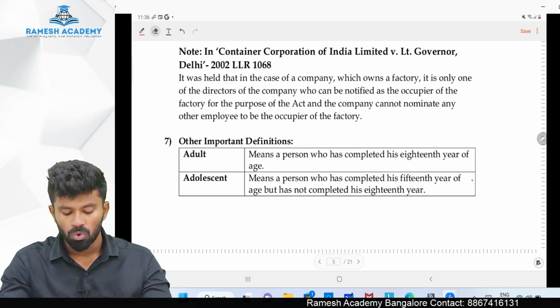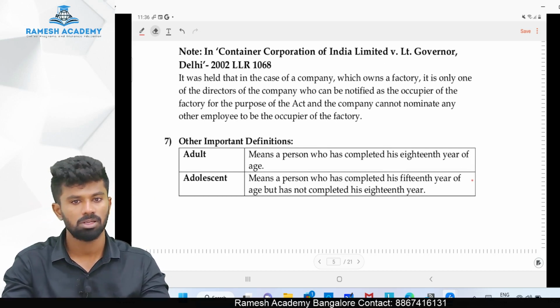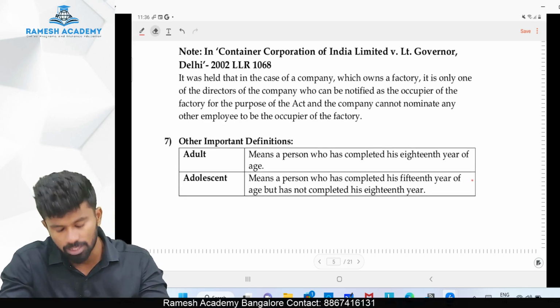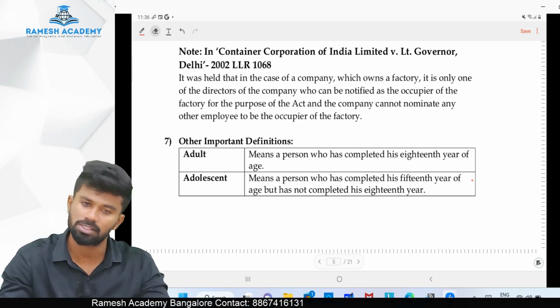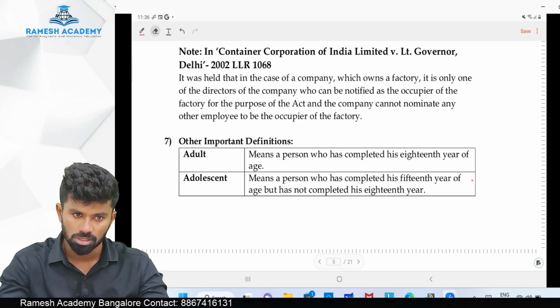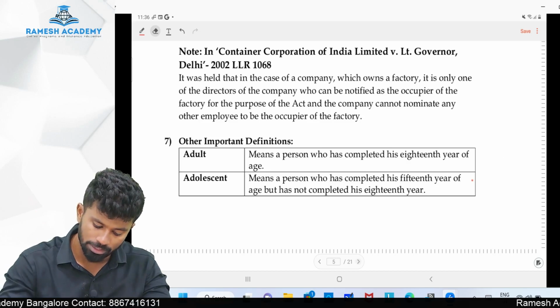Adolescent means a person who has completed 15 years of age but has not completed his 18th year, that is, below 18. That person is considered as an adolescent. Adult means above 18 years. Adolescent means above 15 years but below 18 years.